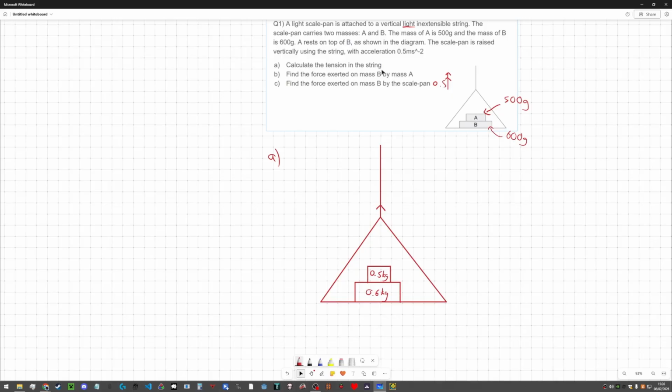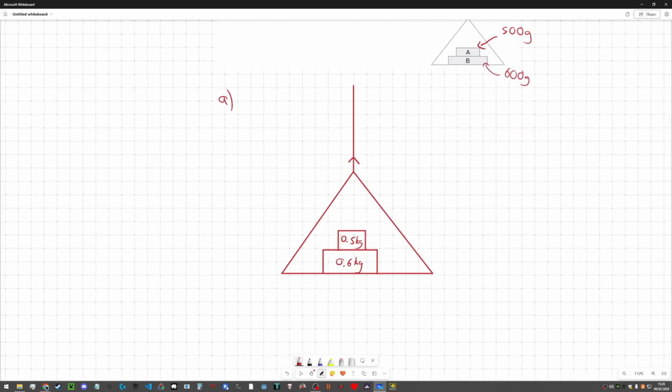Right, it's asking us to find the tension in the string. So for this, we can recognize that there's going to be a downward force due to gravity of 0.6g from this object, and another downward force due to gravity of 0.5g due to this object.